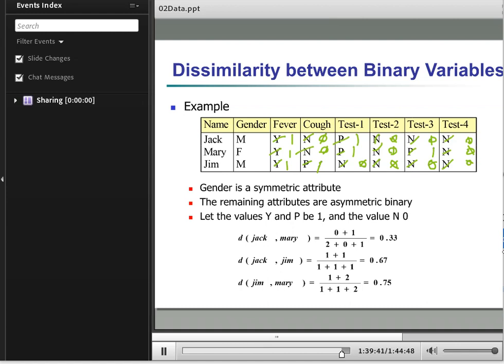Maybe just 1% of people have COVID-19 or coronavirus. In this case, we say that this attribute is asymmetric. It's not 50-50. It's 1 against 99 or something like that. The result is skewed to one side.